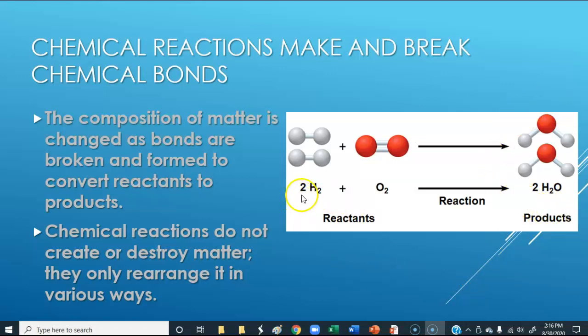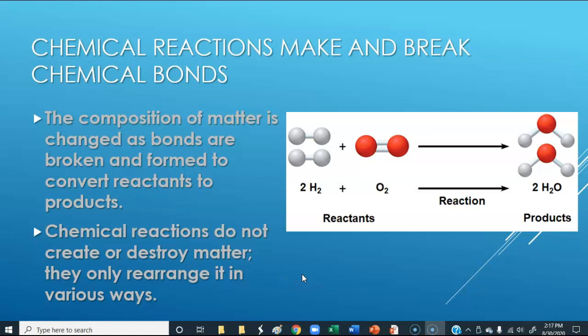This is why you have to write chemical equations like the one you see here, when you have hydrogen molecules that you join together with an oxygen molecule to produce water molecules. Remember, when this happens, the chemical reaction doesn't create matter or destroy it, it only rearranges it in different ways. And that's the purpose of having a chemical equation, because it shows how those reactions occur.